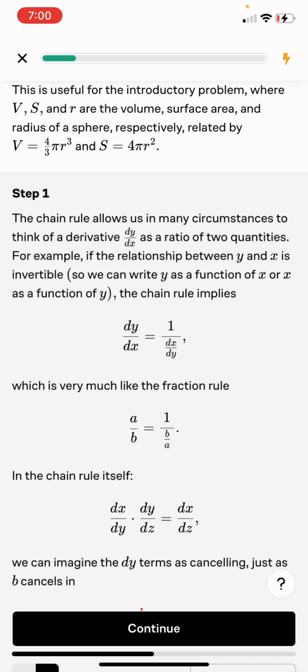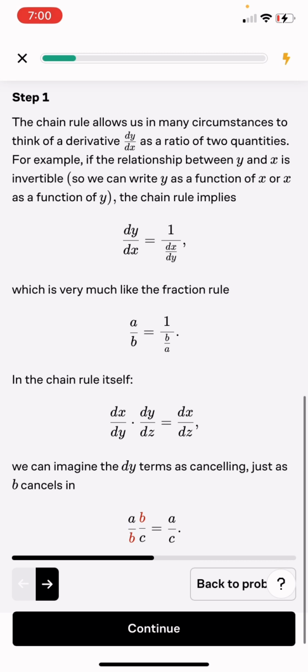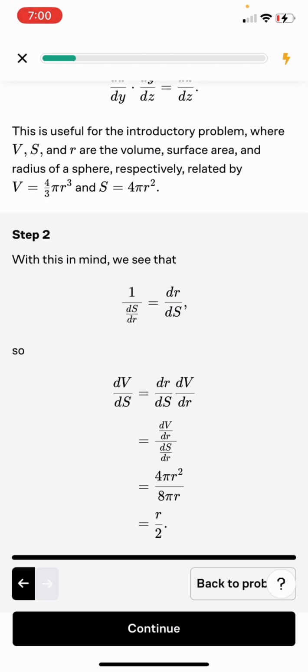Which is very much like the fraction rule: a over b equals 1 over b over a. In the chain rule itself, we can imagine the dy terms as canceling. With this in mind, we can see that 1 over derivative of x over derivative of r equals this.